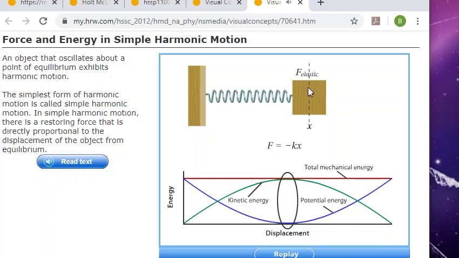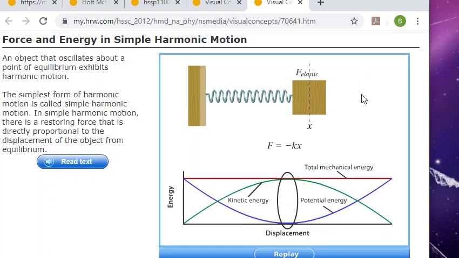So again, now we will start from position number 1. Here's position number 1, here's position number 0, here's position -1. If I start from position number 1, the velocity is equal to 0.